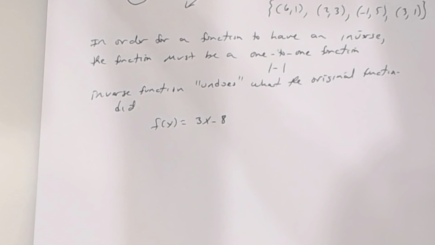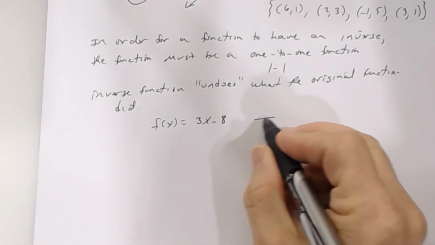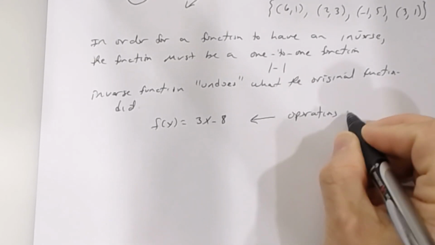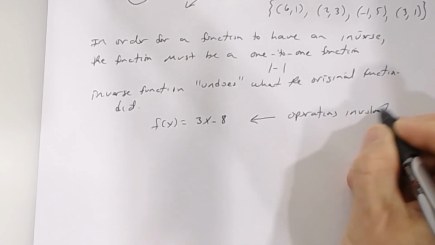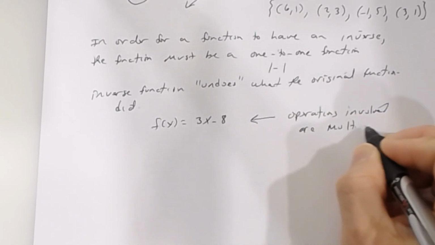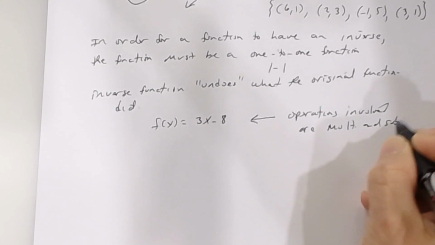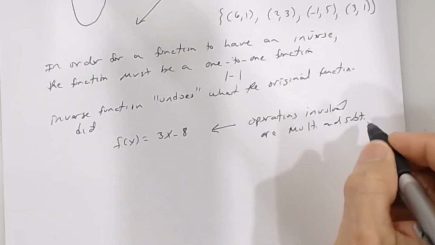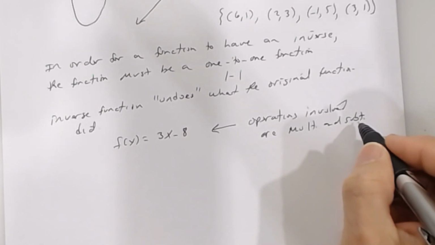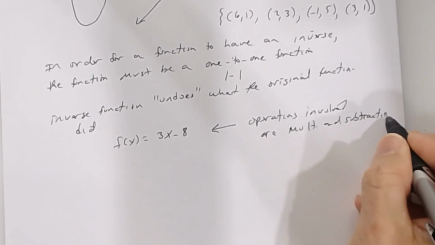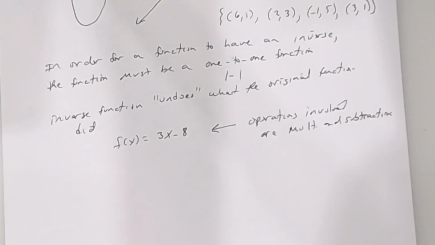So the two operations involved here are multiplication and what? Subtraction. I don't want some of you to think this means substitution, so I'm going to write the word subtraction.